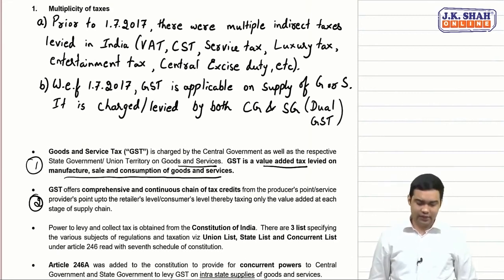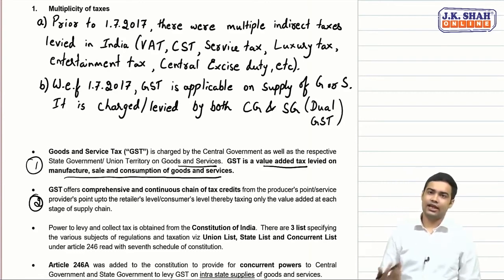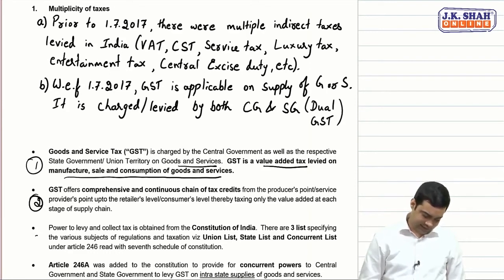We need to also understand one very critical aspect about taxation, which is levy of tax, the charging of tax. The power comes from the constitution and there are 3 lists: union, state, concurrent, which we have already discussed. This is mentioned here.